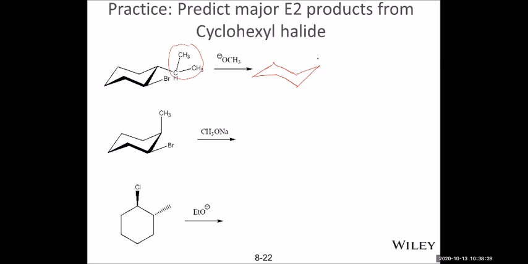So I put this bromine on the axial position, and nearby there's the isopropyl. It has to be the same A and E position as the bromine. You can see both are E. But now because the ring can twist and turn, both groups need to be on the axial position.